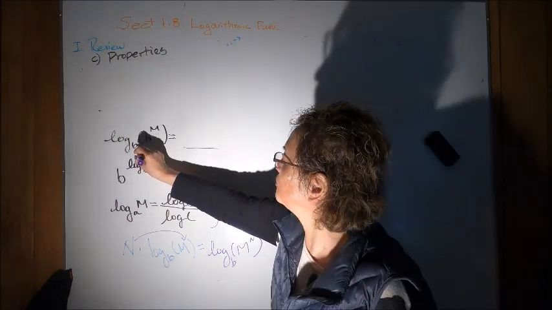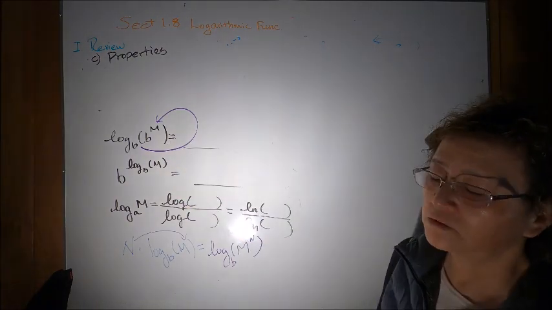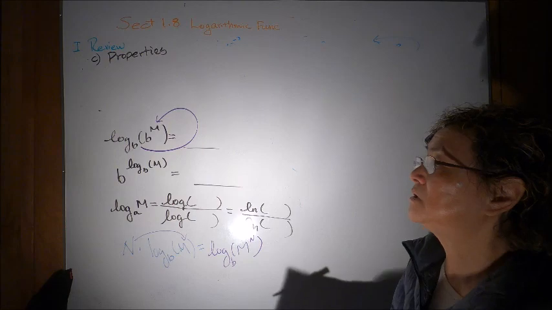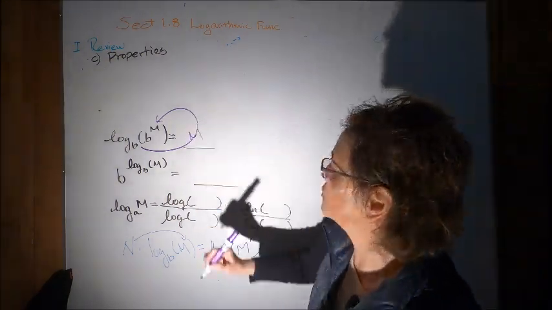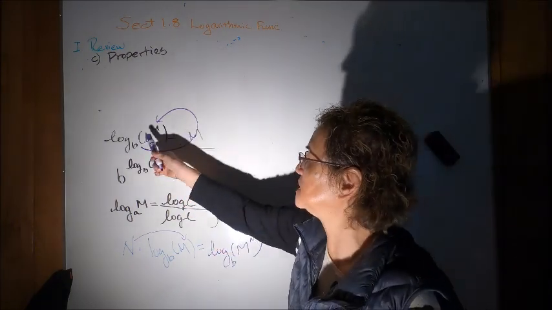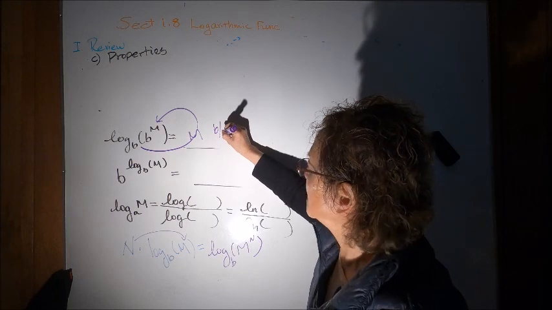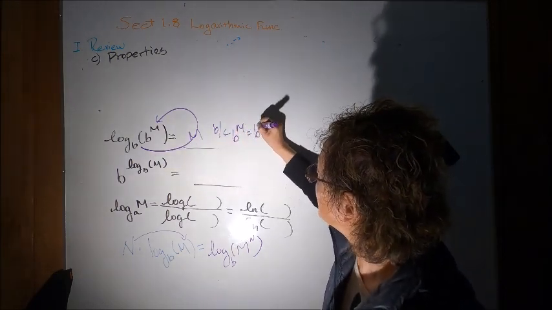You need to hook b to some power to become b to the m power. b to some power is b to the m power. What do you think? That answer should be, of course, m. Because you switch what? You hook b^m equals what? b^m.